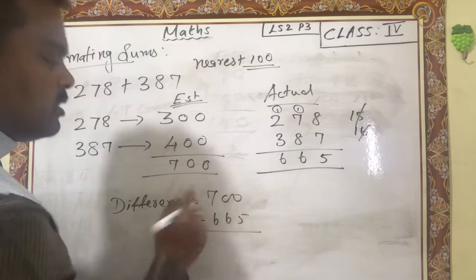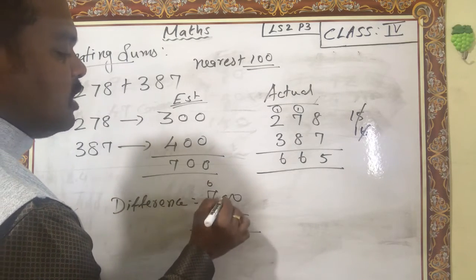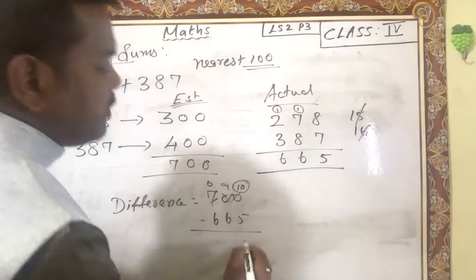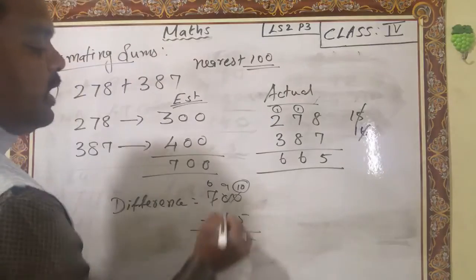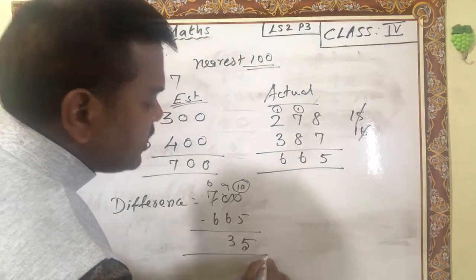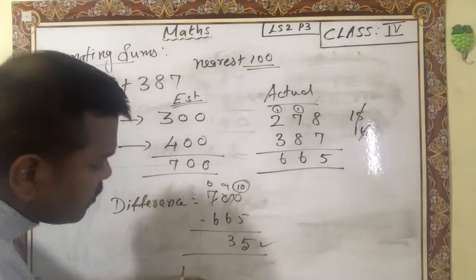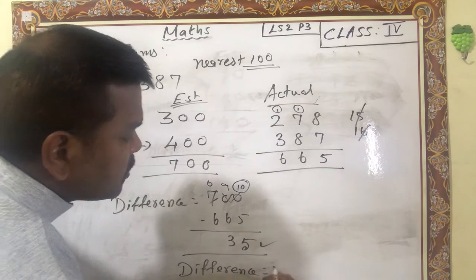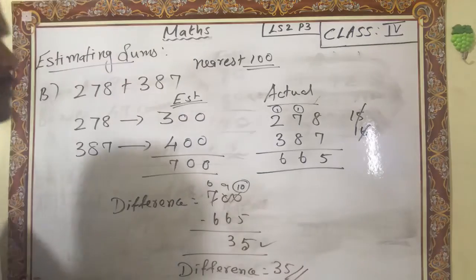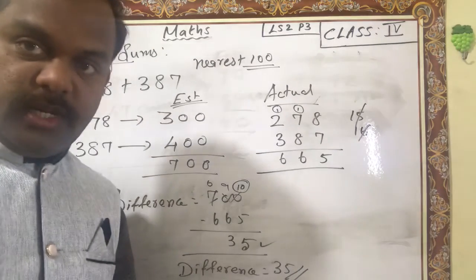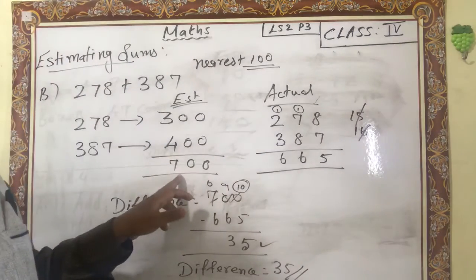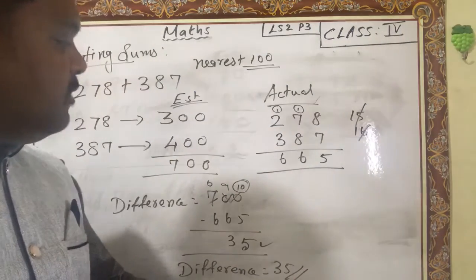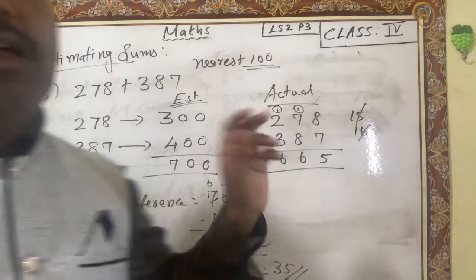Here also 0, then the left side. Here is 6 now. This is 9 and this is 10. 10 minus 5, 5. 9 minus 6, 3. The difference is 35. So 35 is the difference between the estimated sum and the actual sum.